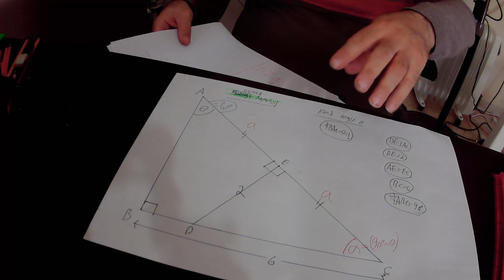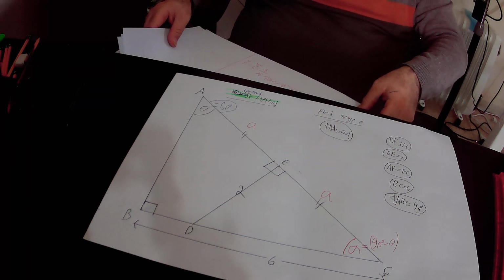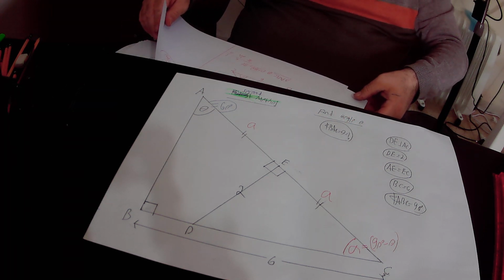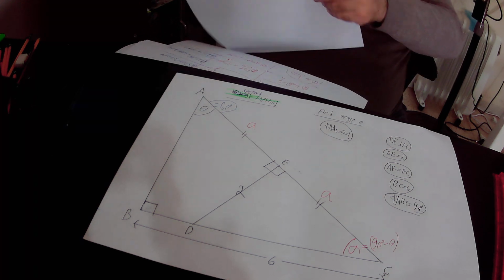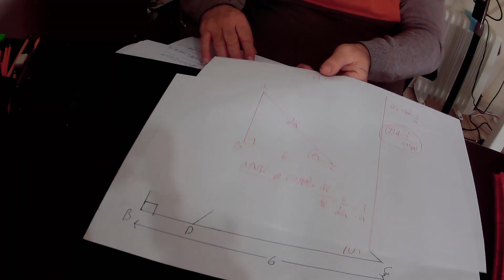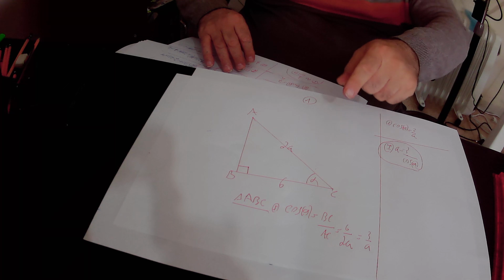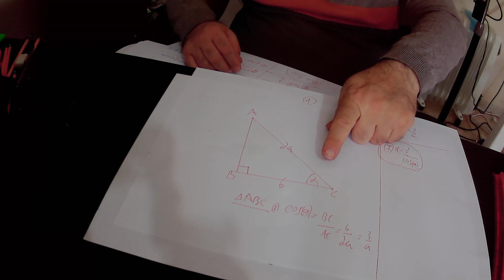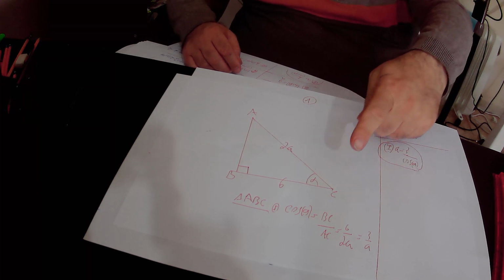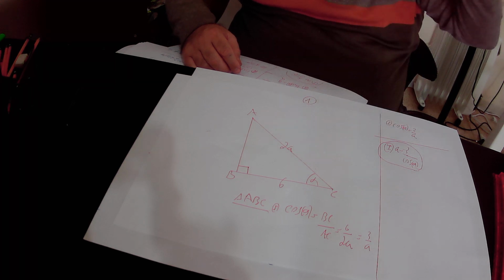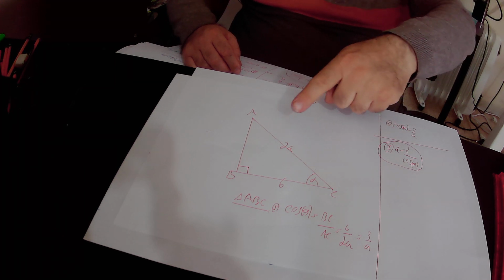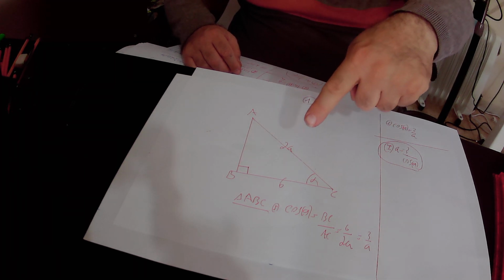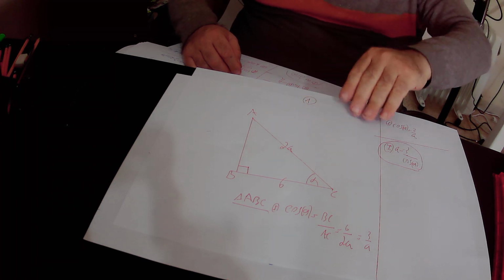Then I copied the right triangle ABC in a new page, and we found the cosine of angle alpha. Angle alpha is equal to angle alpha according to our definition. BC equals 6 units as given in the question, and angle ABC equals 90 degrees as given.